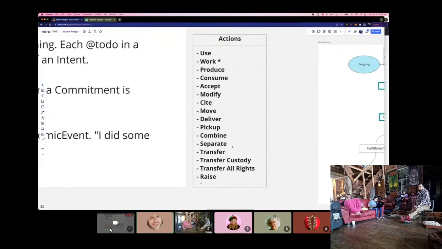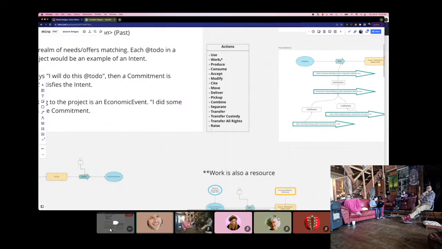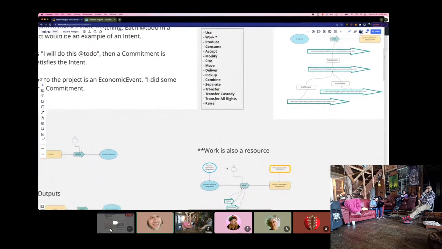Combine and separate could be good for, let's say I bake a bunch of pies, but then I combine them into a large box that has 4 pies, and now I want to refer to that box of pies as another resource. And likewise, if I unpack the pies at a different location and sell them, or trade them in a retail space, that might be separate. I have an asterisk next to work, and the reason is that work is both an action and also a resource, right?